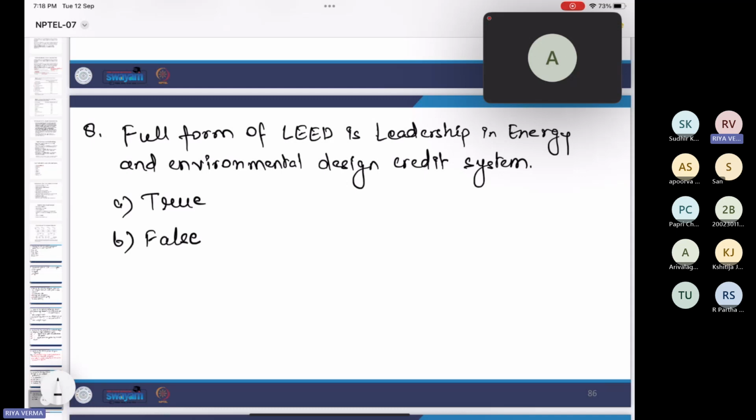So the full form of LEED is Leadership in Energy and Environmental Design Credit System. So is it true or false? True. True.